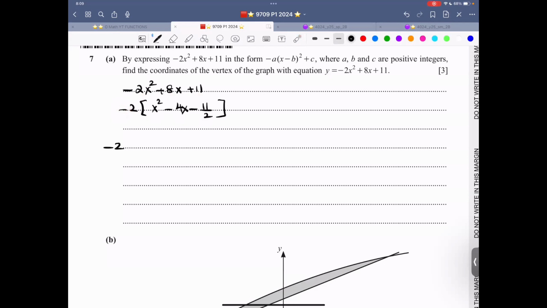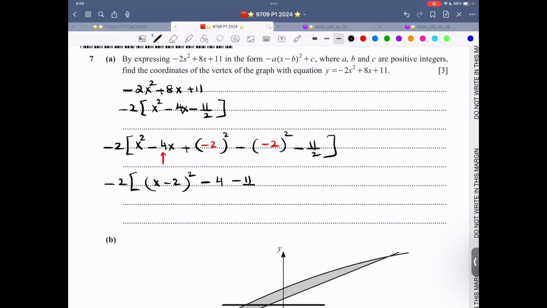So now this is negative 2, x squared minus 4x plus bracket square minus bracket square minus 11 over 2. What goes inside the bracket? Half the coefficient of x, which is negative 2. Rewrite the first 3 terms as a perfect square, which is x minus 2 whole square. This is negative 4, negative 11 over 2.